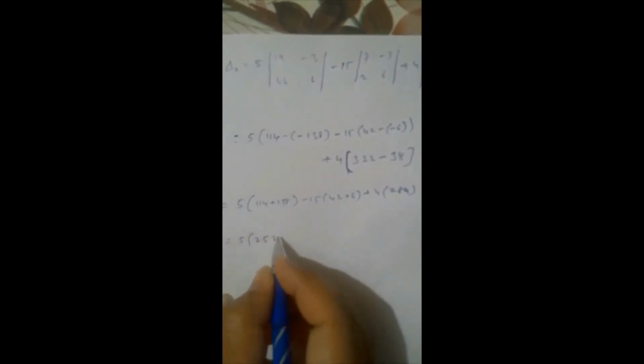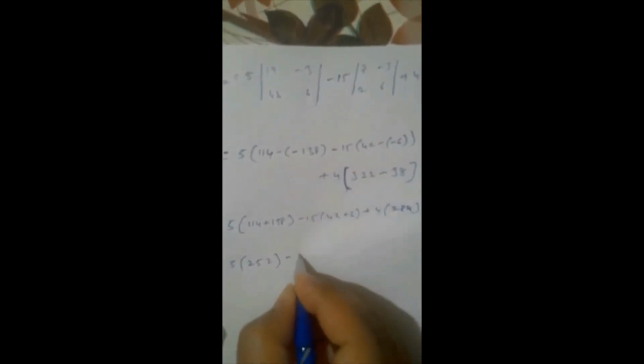Okay, it is equal to 5 into 252, 114 plus 38 is 252, minus 15 into 48, plus 4 into 284.